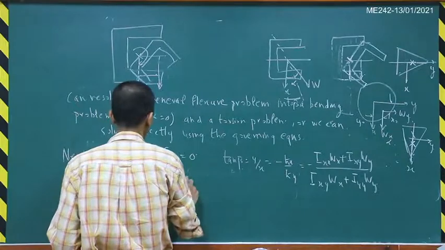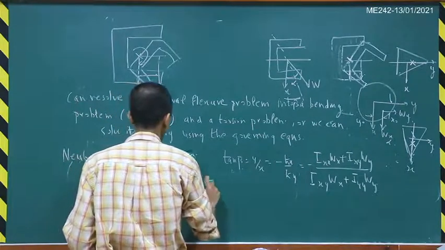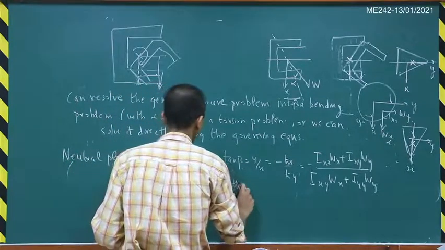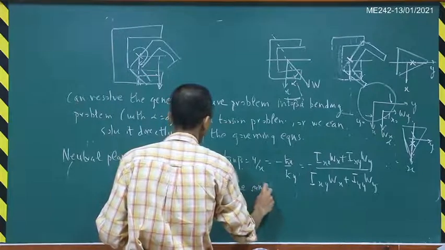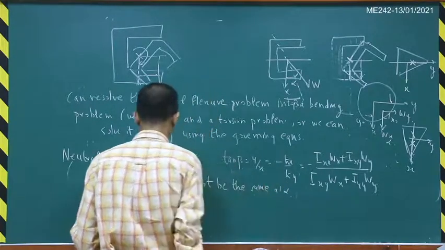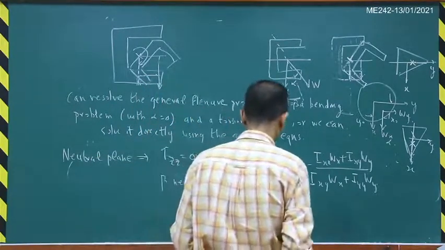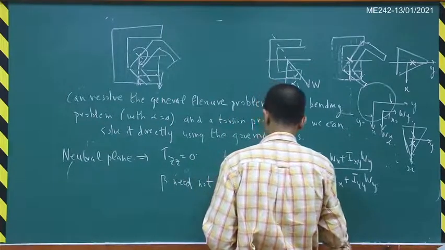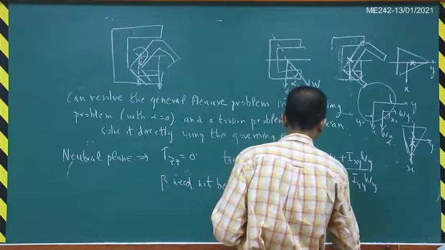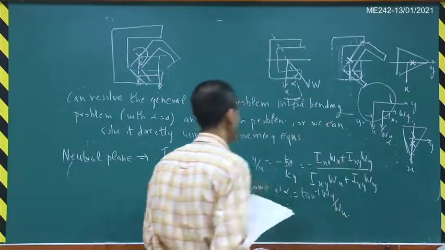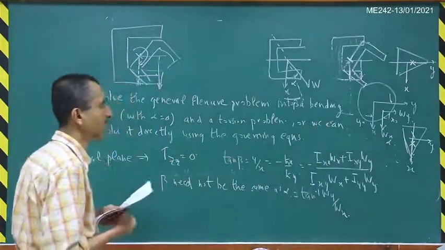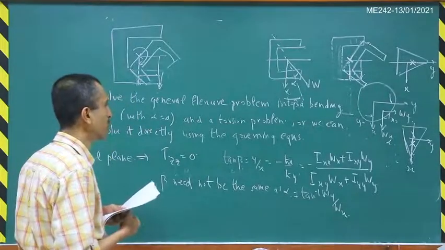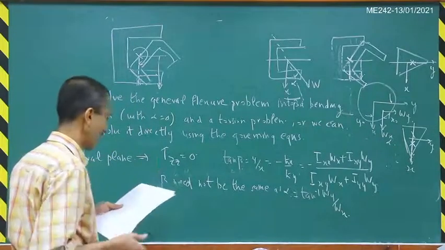Beta need not be the same as alpha, which is equal to tan inverse of Wy by Wx. That is the angle made by the resultant load. So those two angles could be different as indicated there.